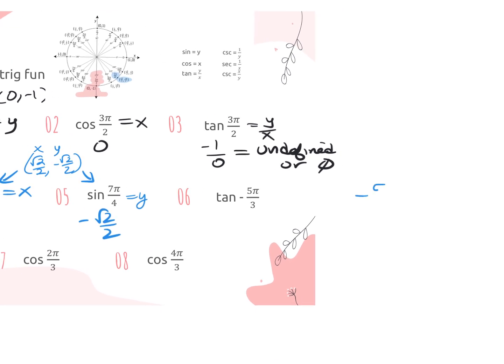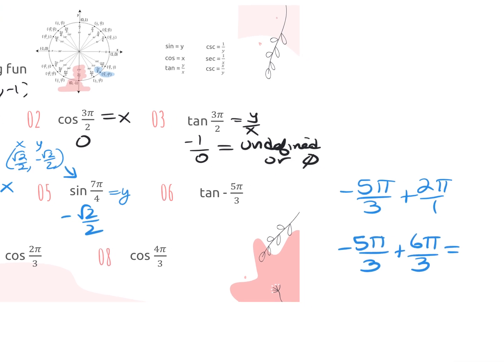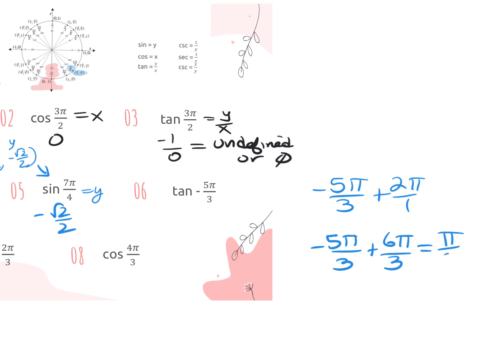So I'm going to take my negative 5 pi over 3. I'm going to add 2 pi. Remember, you need to find a common denominator. My common denominator is 3. So I'm going to change 2 pi over 1 and make it 6 pi over 3. And then when I add those, my coterminal angle is pi over 3.